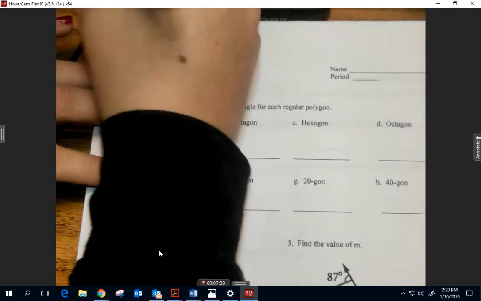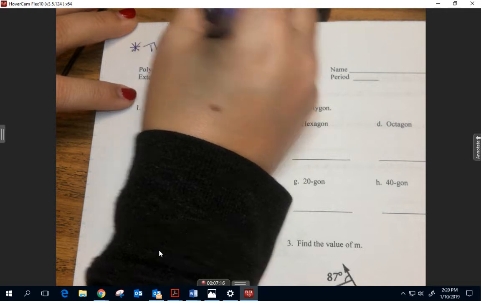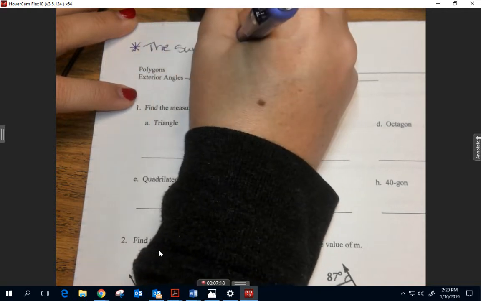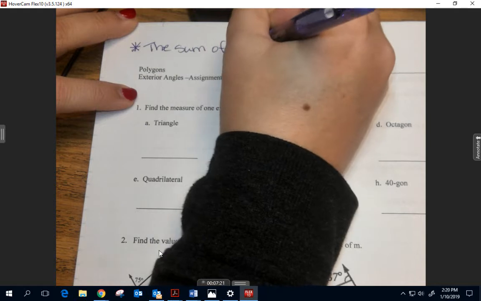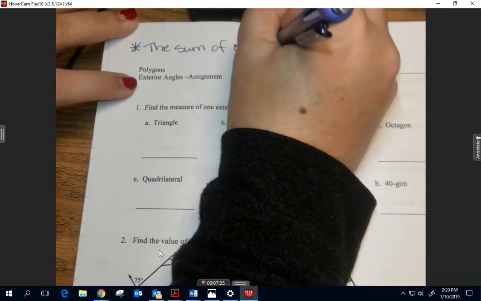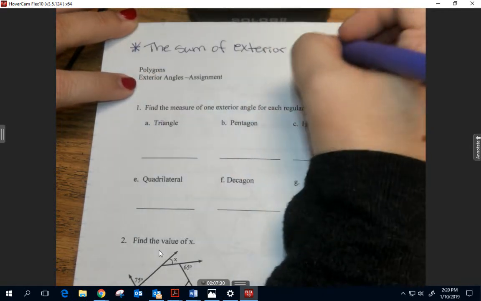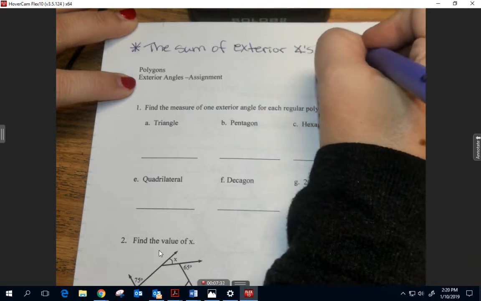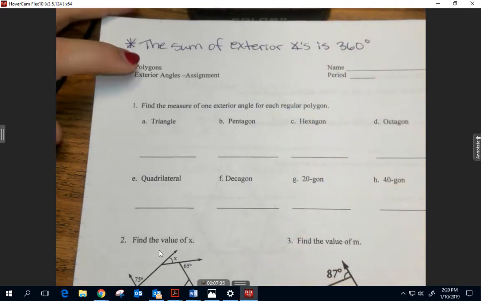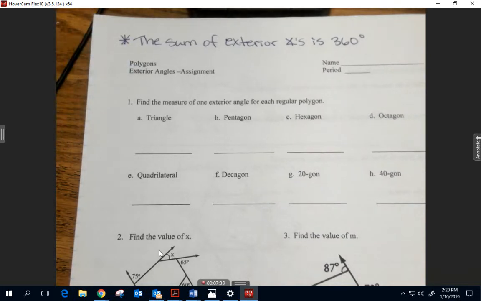They add up to 360. So put that at the top of your paper. The sum of exterior angles is 360 degrees. That's for any and every polygon, okay?